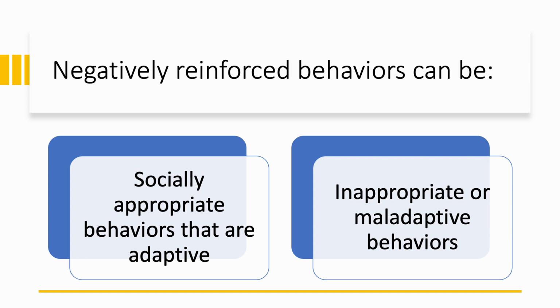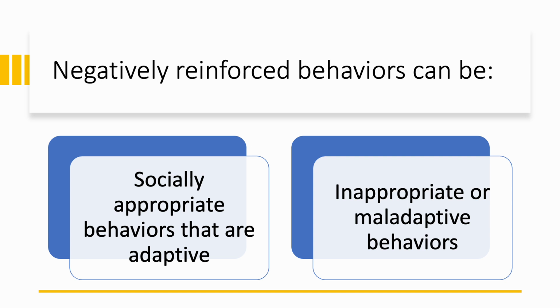They allow us to more effectively communicate our needs, or they allow us to learn new self-care skills or social skills, etc. Or they can be maladaptive behaviors, meaning that they're not necessarily improving our life in any way, but rather we are escaping some aversive contingency or avoiding some aversive contingency, and these are maladaptive forms of behavior. They're problematic behaviors in some way. They might be harmful to that person's life, etc.